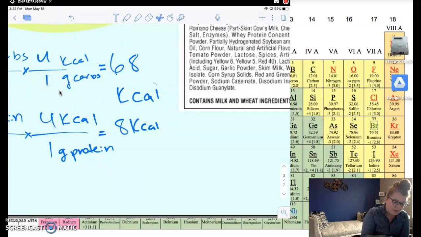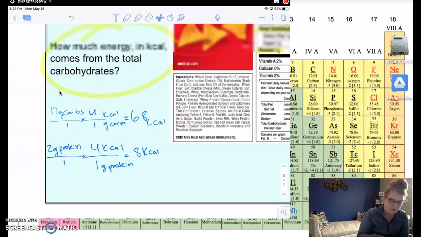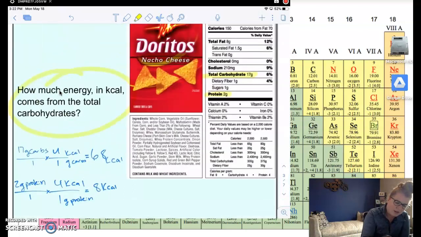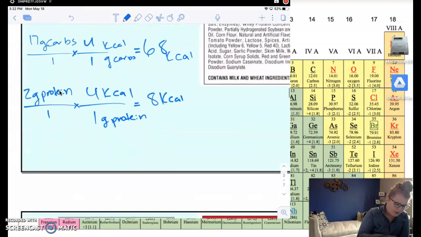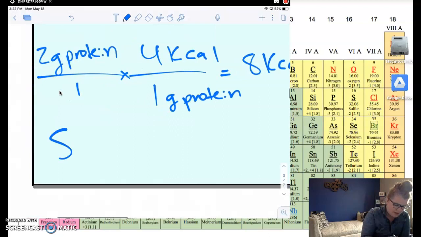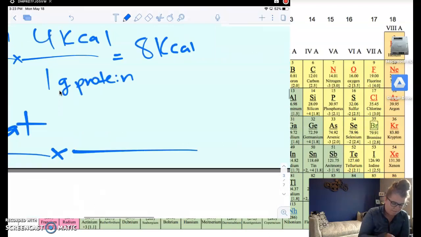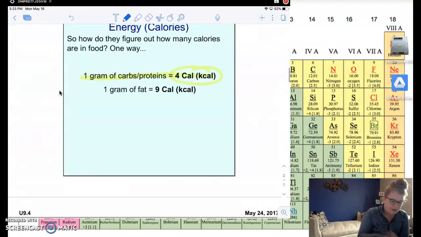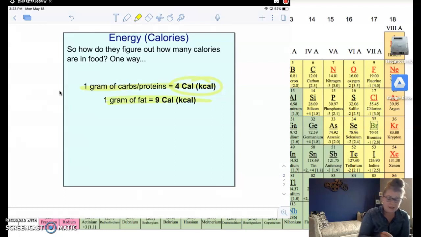All right. And why don't we just finish it off, okay? So the last one, we did carbs, we did protein, now we just have to do fat. So the total fat here is 8. So if we go ahead and do my 8 grams of fat, put that over 1. 1 gram of fat, going up to my earlier calculations, 1 gram of fat is equal to 9 kilocalories.